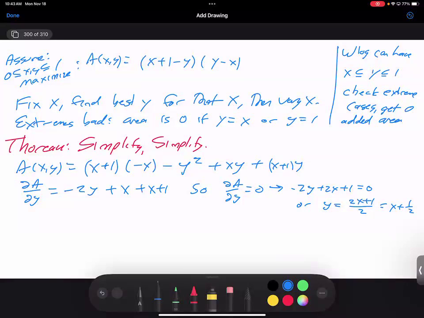Okay, so then we would have area would be A of x, x plus 1/2. And so going into our area function, we would have x plus 1 minus x plus 1/2. So I think it would just be 1/2 for the first factor. And 1/2 for the second factor.